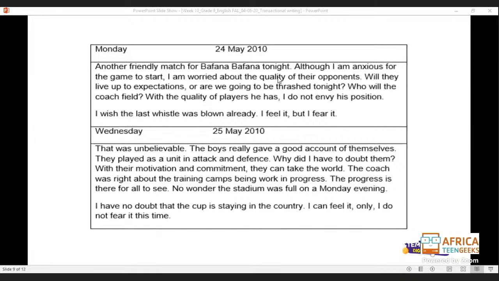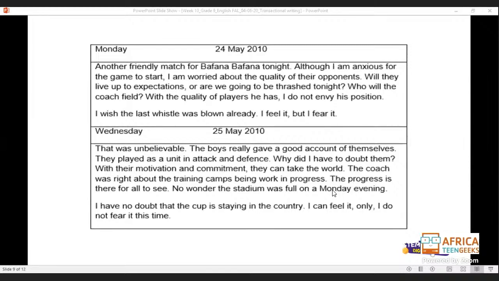So if you look at Monday's entry, it's right there in the third line. Benny says it means embarrassed. It means to fight or to be beaten up. Okay. All right. That's very good. Thank you. That's exactly what it means.